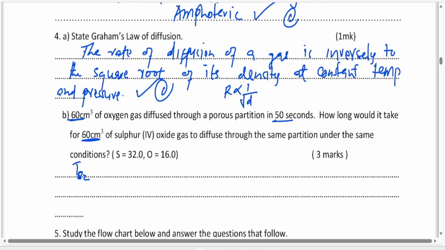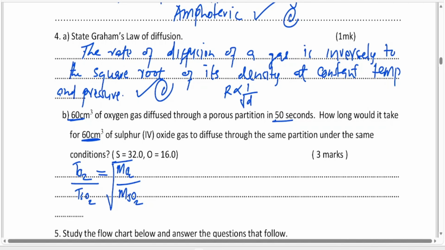oxygen, the first gas, is oxygen. So we have time of oxygen over the time of sulfur oxide is equivalent to the square root of the two. We have the square root of the molecular mass of oxygen at the top and under the square root of the molecular mass of sulfur oxide. You need to understand that we are relating molecular mass with time.